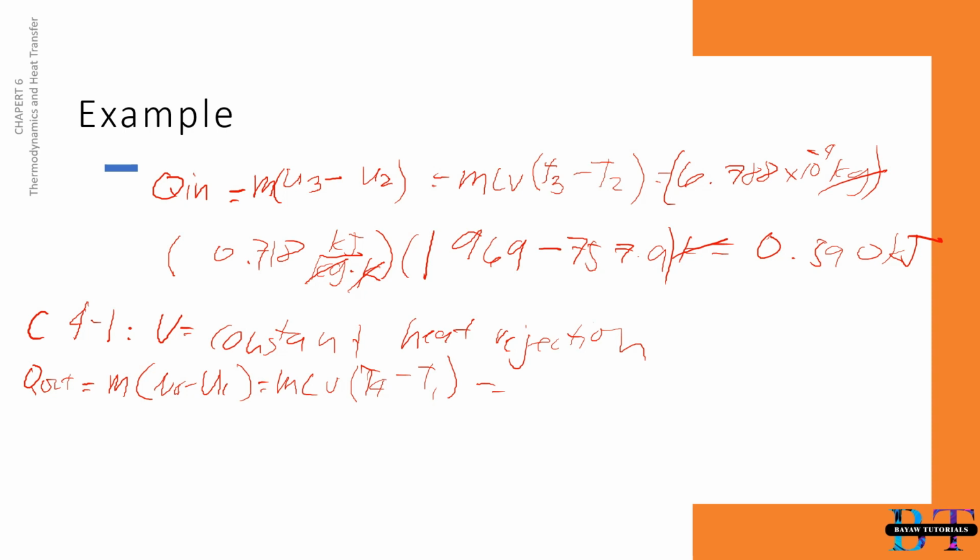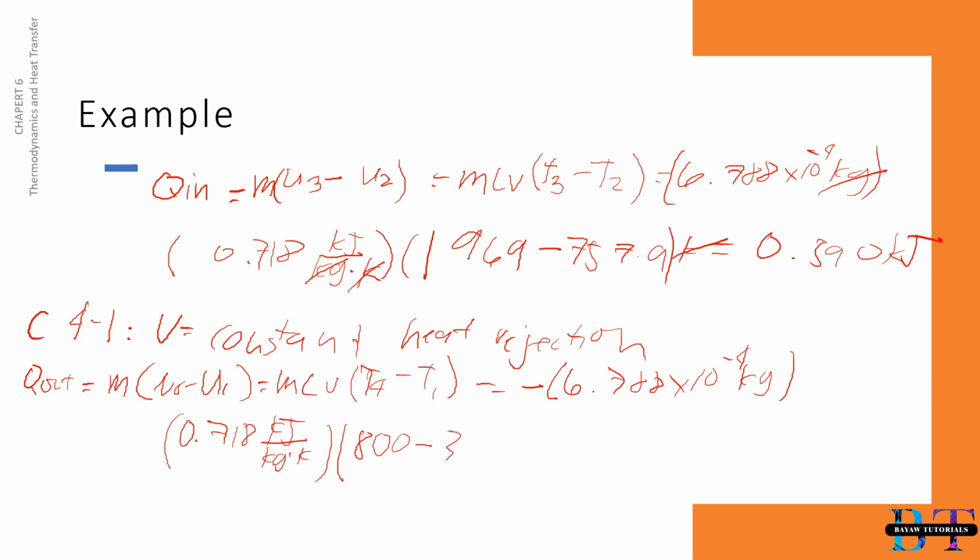That is equal to 6.788 times 10 raised to the power of -4 kilogram times 0.718 kilojoules per kilogram times Kelvin times our temperature 4, that is 800, minus temperature 1, 308 Kelvin. So our Q out is equal to 0.240 kilojoules.